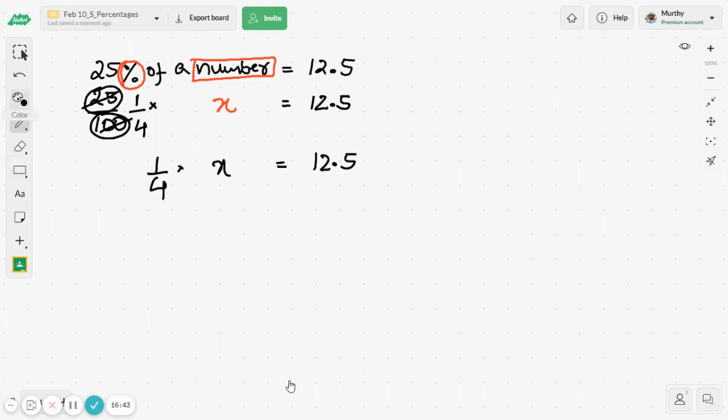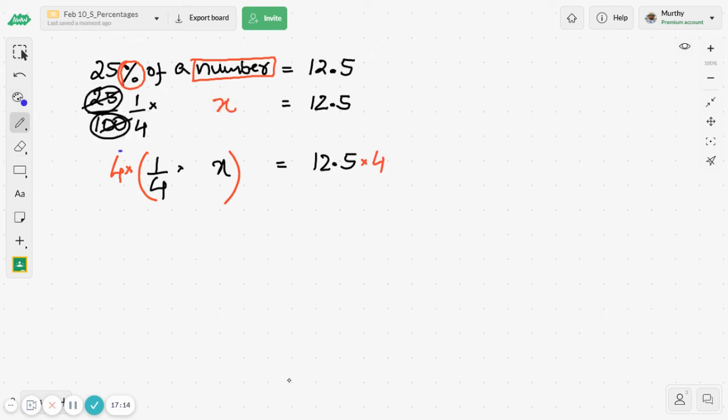Again, as I mentioned before, here I see that 4 is dividing. Our goal is to isolate the variable. To cancel out this 1/4, I see that 4 is in the denominator, which means it is dividing. So what is the inverse operation of division? That is times. So, times 4 on both sides.